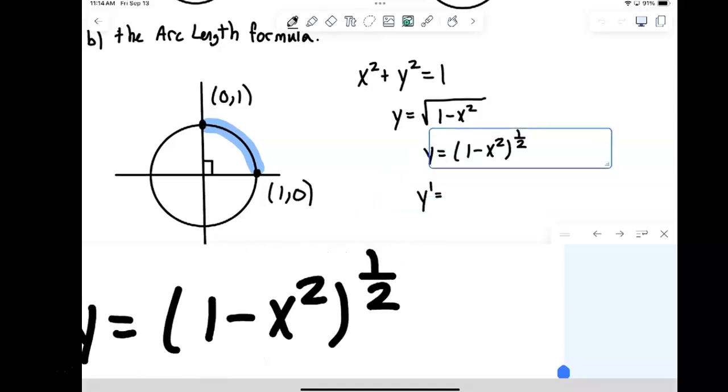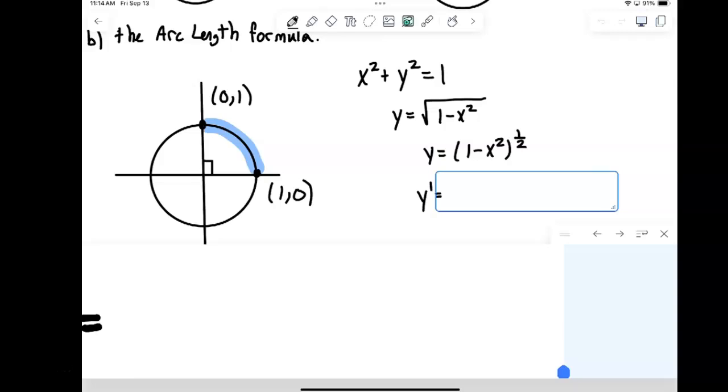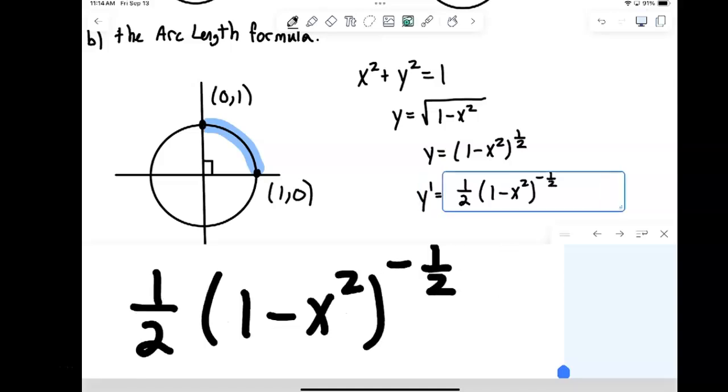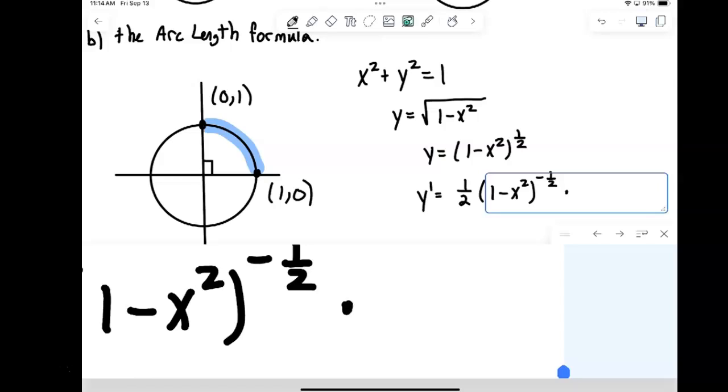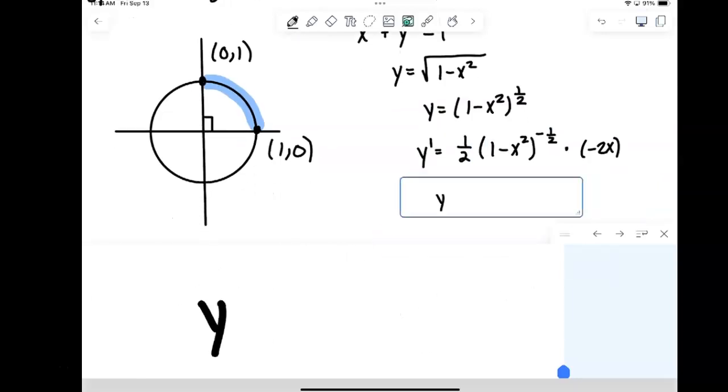So by the chain rule, I do the derivative of the outside function. That's the stuff to the 1/2. That would be 1/2 times that stuff to the minus 1/2 by the power rule, and then times the derivative of the inside part, negative 2x. So that gets me down to my y prime.